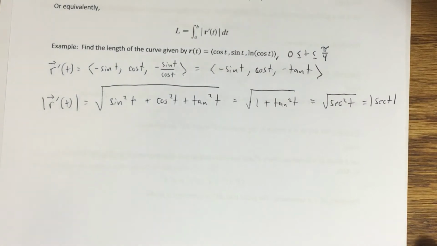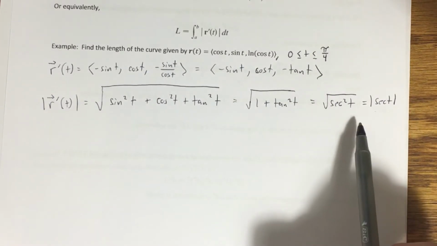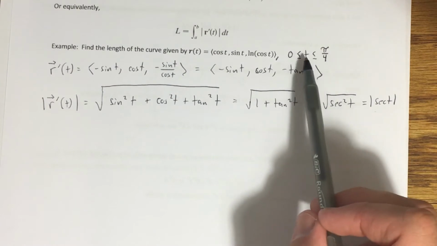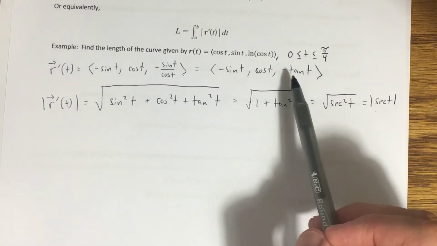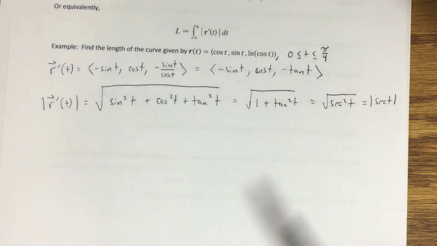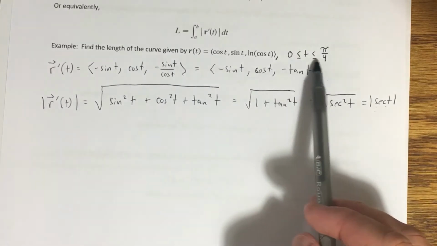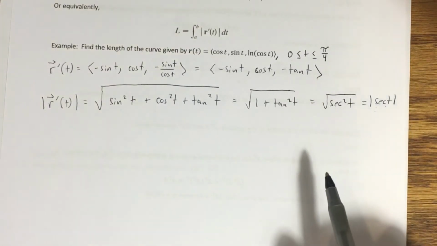Now, it turns out that absolute value is not going to be necessary, and the reason for that is because of our parameter interval that we're ultimately going to integrate this over. I'm integrating from 0 to pi over 4 in this case, and that entire interval lies within the first quadrant of the unit circle, where all of our trig functions are already non-negative. So that means secant of t is guaranteed to be non-negative on this interval. The absolute value is not going to do anything to it there.